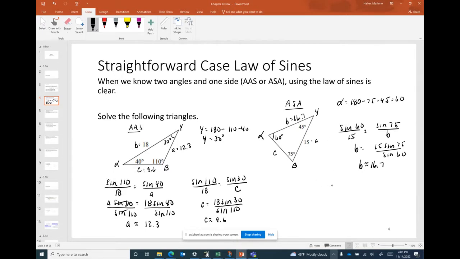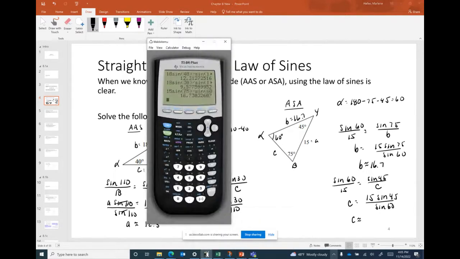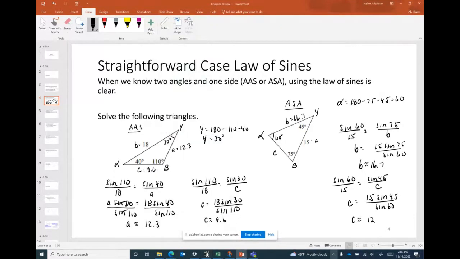So let's see, we'll use alpha and A again. So we'll say the sine of 60 over 15 is equal to sine of gamma, that's 45, over C. Solving for C, we see that C is equal to 15 times the sine of 45 divided by the sine of 60, which is, there it is, about 12.2.